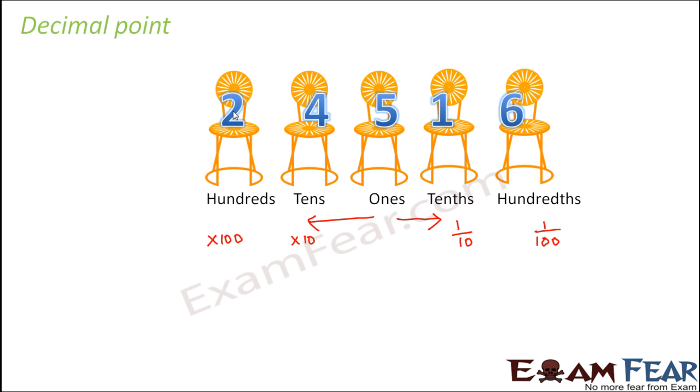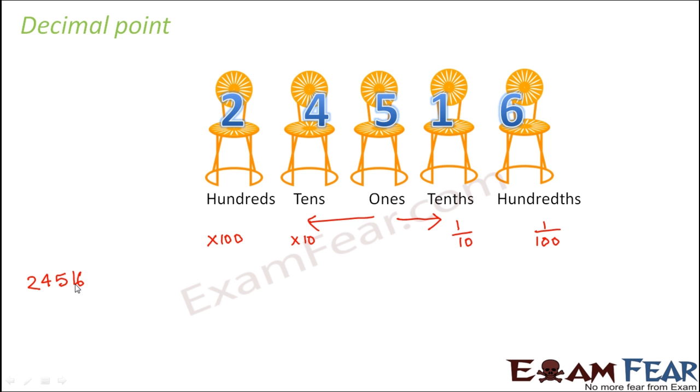So how will you read this number out? You have 2, 4, 5, 1, 6. These are the digits which are placed in these positions. Now many of you might say that this is how we will read out the number: 24516, because normally you would have seen in the previous slide also, we do not write which is 100, which is 10. We just read out the number, right?